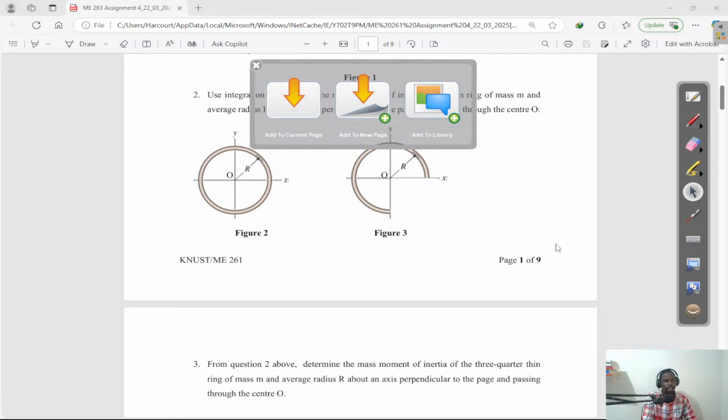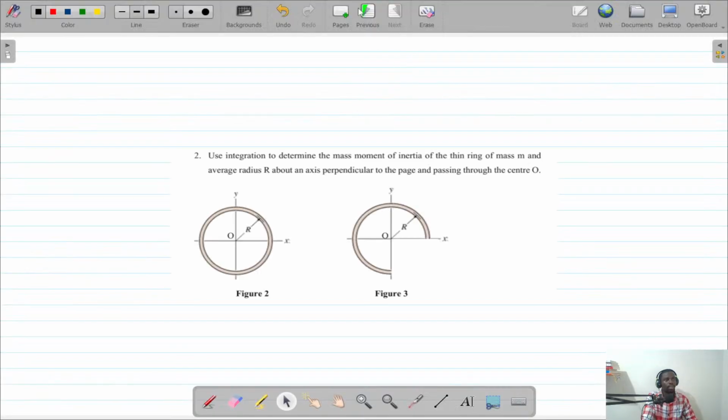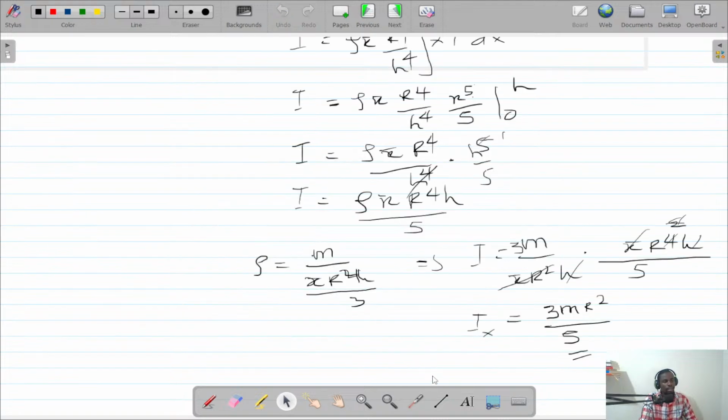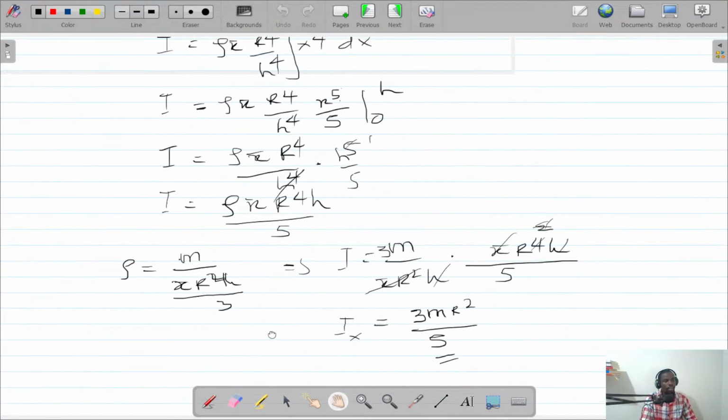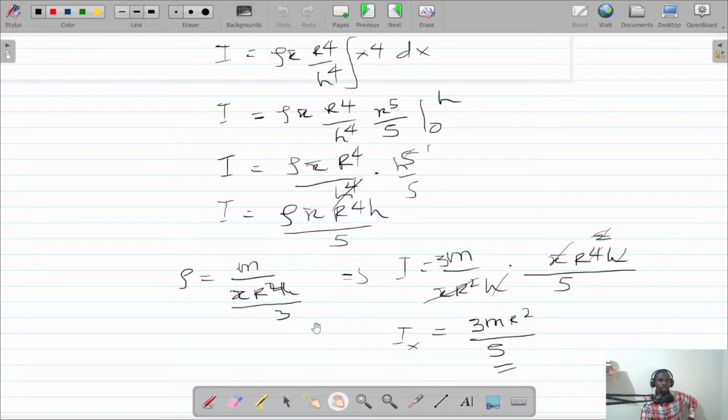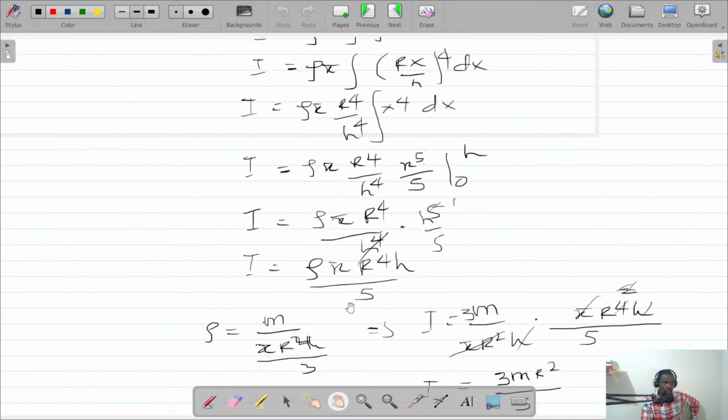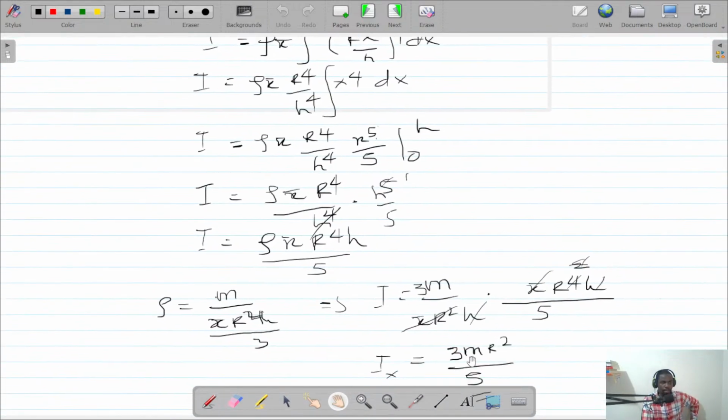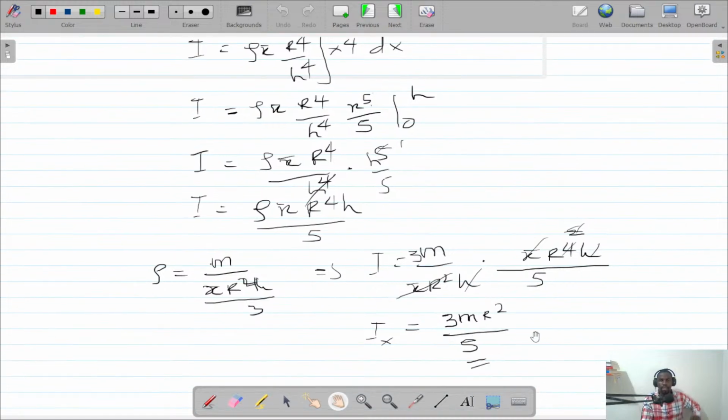Why is it not 3 on 10? I'm coming. Where do you suggest? I mean, because there is no 2 anywhere that multiplies the 5 to make it 10. So why should it be 3 on 10?